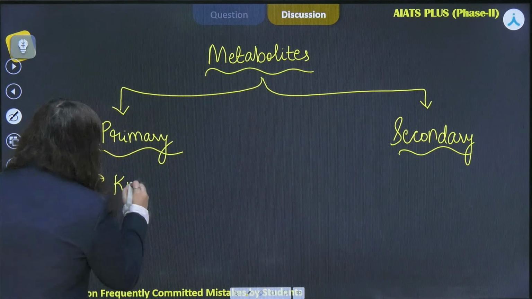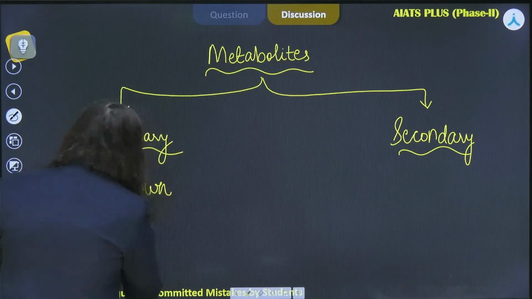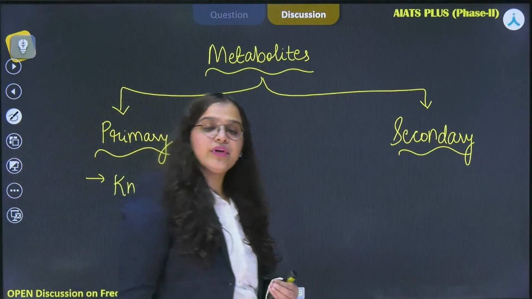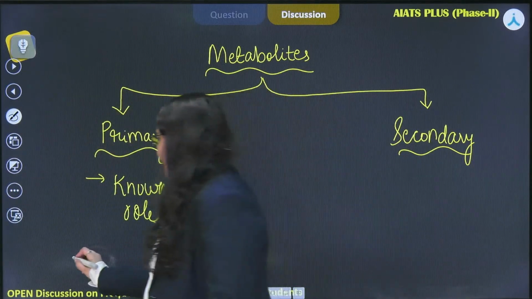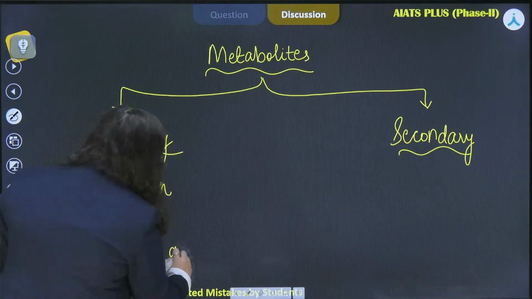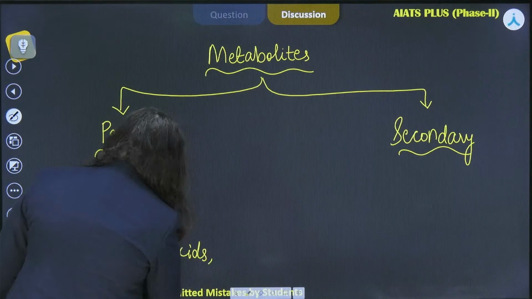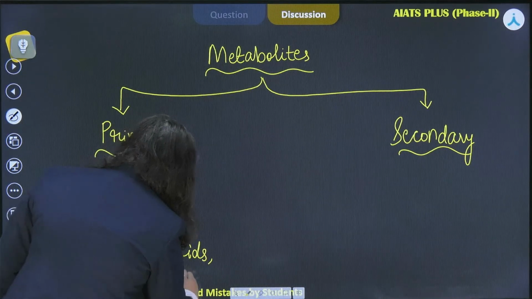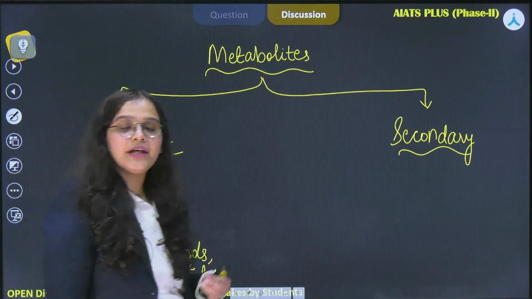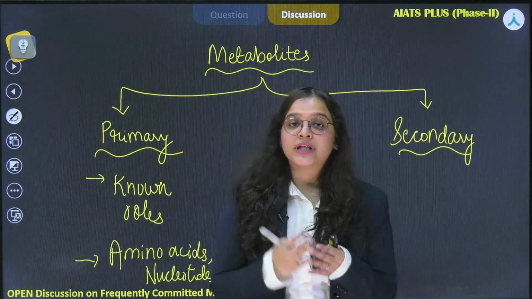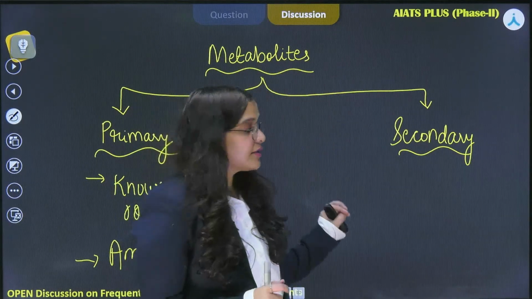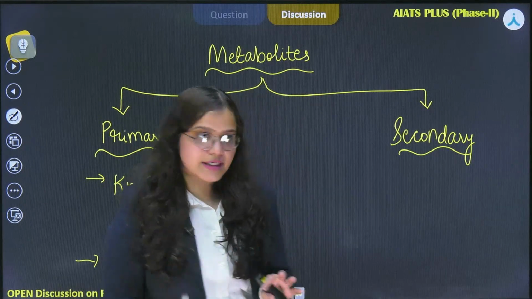So we have known roles when we talk about primary metabolites, and primary metabolites can be amino acids, nucleotides, etc. Whereas when we talk about secondary metabolites, it is written that we yet do not know the specific function of secondary metabolite.